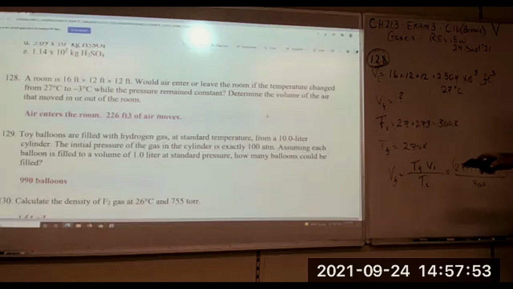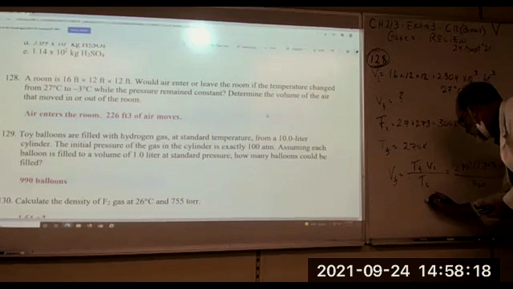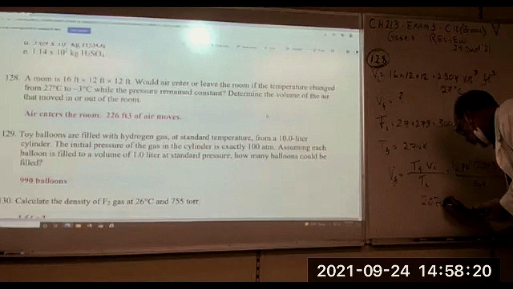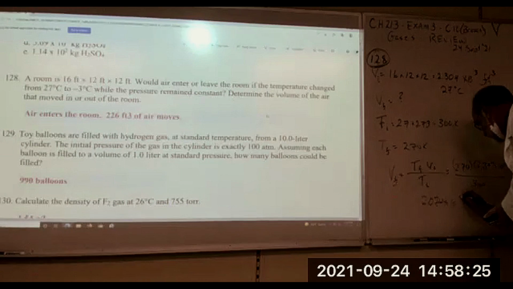Okay, so this is the final volume if the roof of the room would decrease and not let any more air in. So I'm going to multiply that times 270 divided by 300. So 2.074 times 10 to the third.